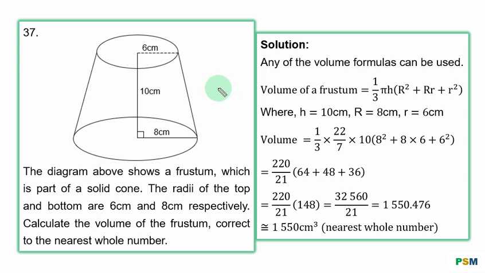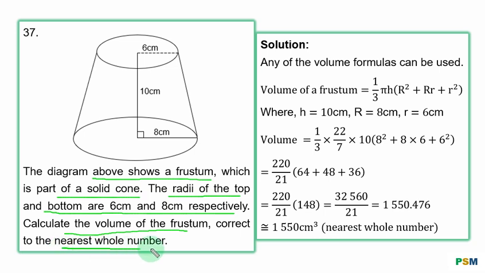Example 37. The diagram above shows a frustum, which is part of a solid cone. The radii of the top and bottom are 6 cm and 8 cm respectively. Calculate the volume of the frustum correct to the nearest whole number. Solution.